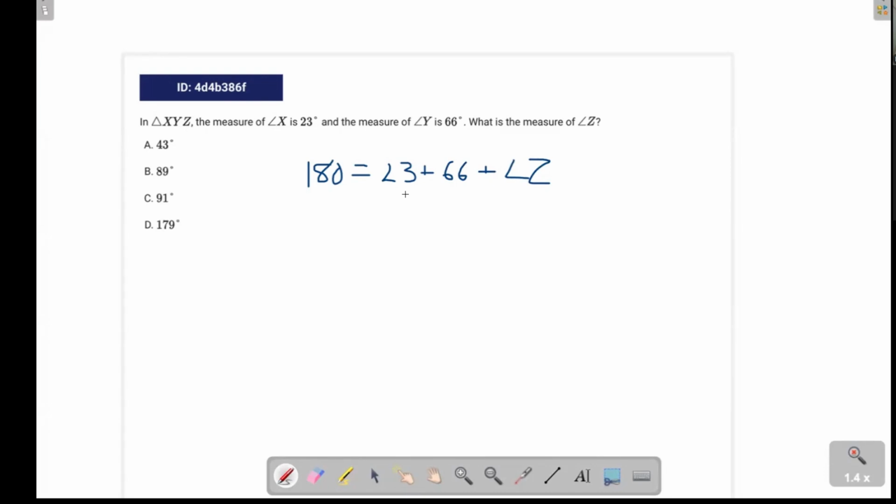That's basically just going to be 180 minus 23 minus 66. And angle Z is then going to equal 91. And this was on the easiest difficulty. This is just recognizing that triangles have interior angles adding up to 180, and then from there, you can figure out Z.